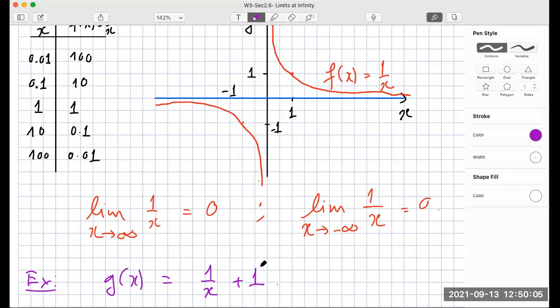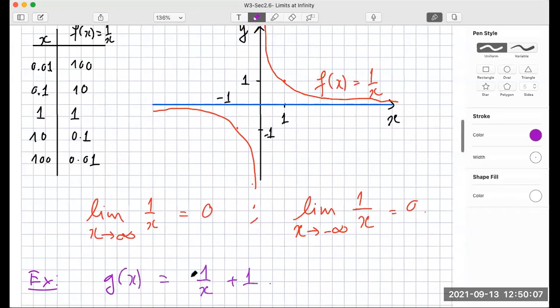So for every value of x, the function f of x previously, we'll add 1 here, right? All the y values will go up by 1. Very good. All the y values will be shifted up 1 unit. Do you see how it is shifted?